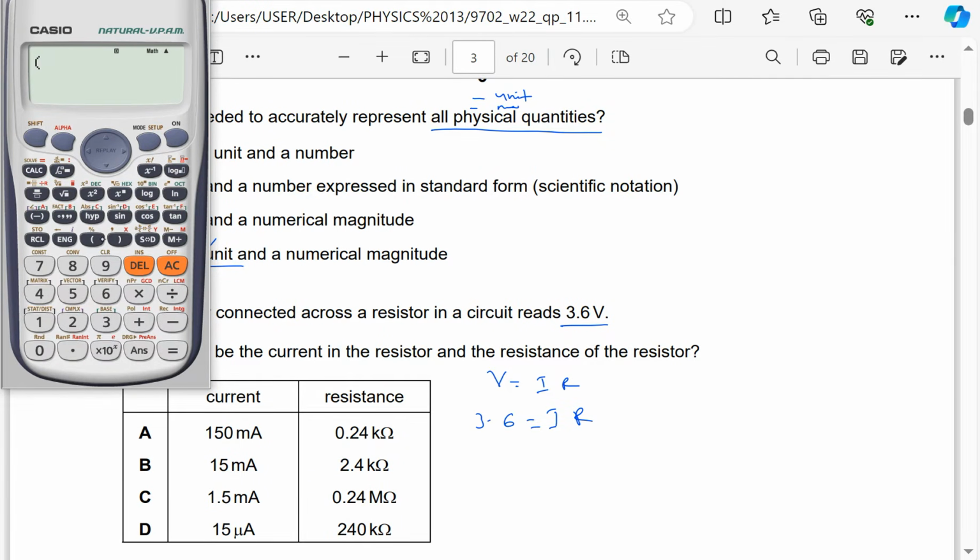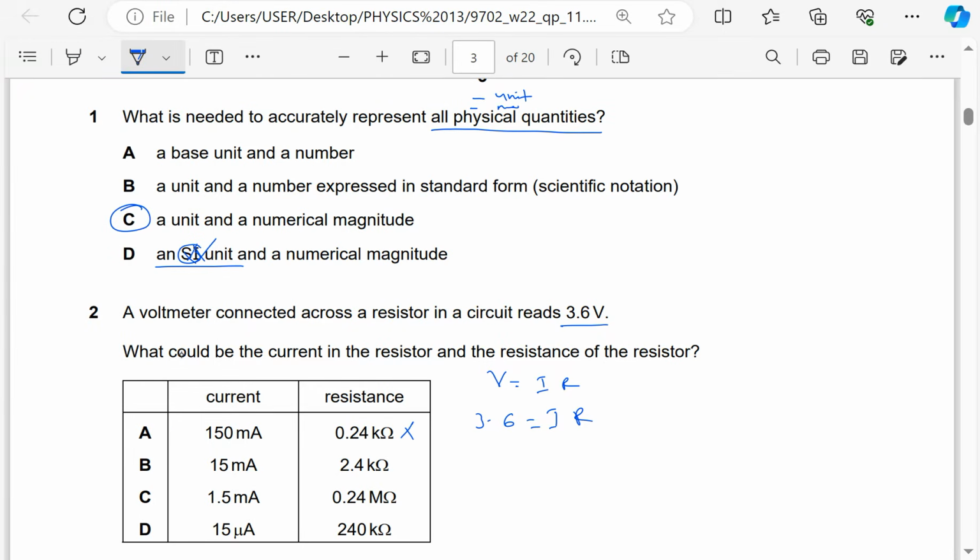I'll start with the first one. 150 exponent minus 3, that is the current, times 0.24 kilo, it is exponent 3. So this is 36, so this is wrong.